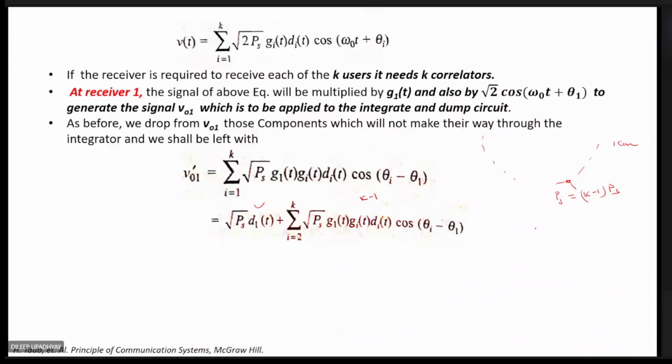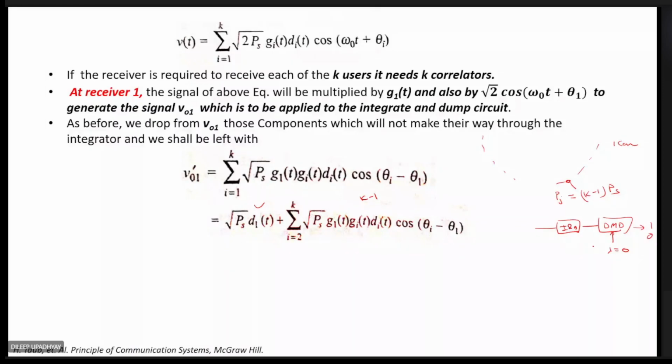After this integrate and dump circuit, we use the decision making device, where we set the threshold level. For example, if we set the threshold level at lambda equals 0, then if the received signal is more than lambda equals 0, it is decided as 1, otherwise it is decided as 0.